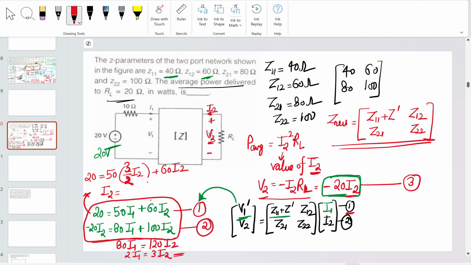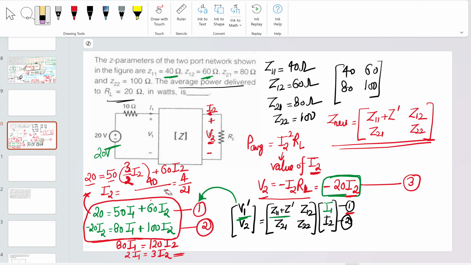I2 will become 40 divided by 150 plus 60, which is equal to 4 divided by 21 basically. Okay, 21. Is it correct? That is equal to 20 is equal to 50 times I1. I1 is equal to 3 by 2 times I2, and 60 times I2. So the I2 will become 20 to 40, and this also becomes 120 here.